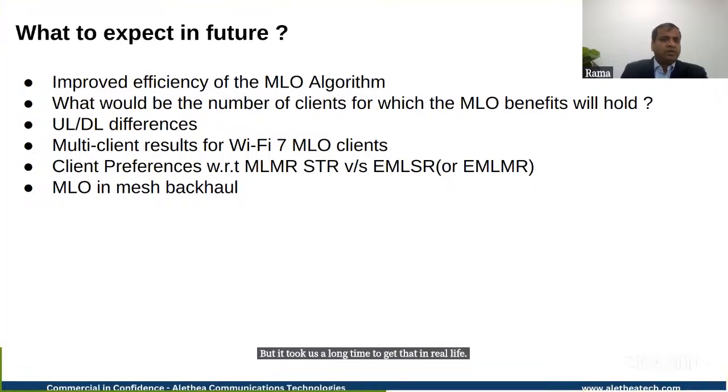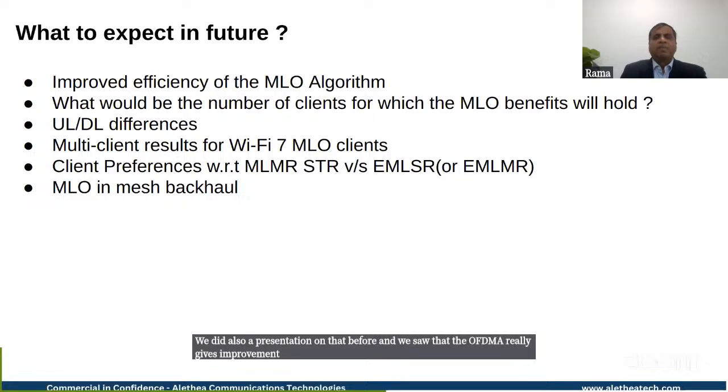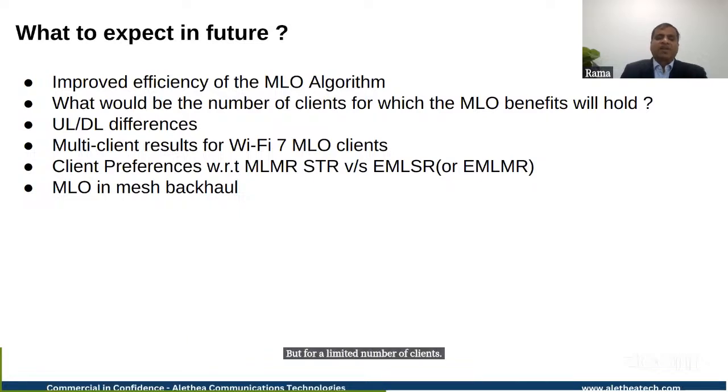We did a presentation on that before, and we saw that OFDMA really gives improvement, but for a limited number of clients, usually something like 4, 6, 8, or at best some 16. Beyond which we did not see a real benefit of using OFDMA.